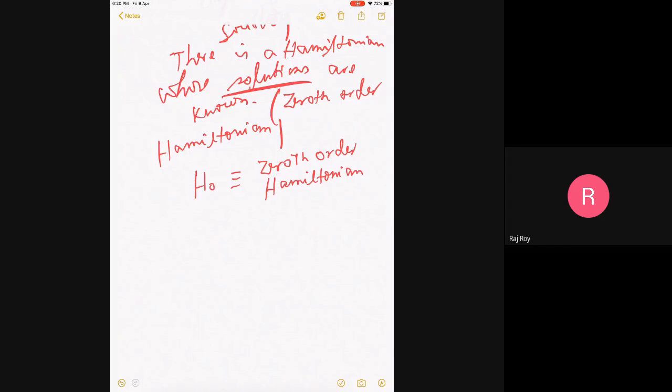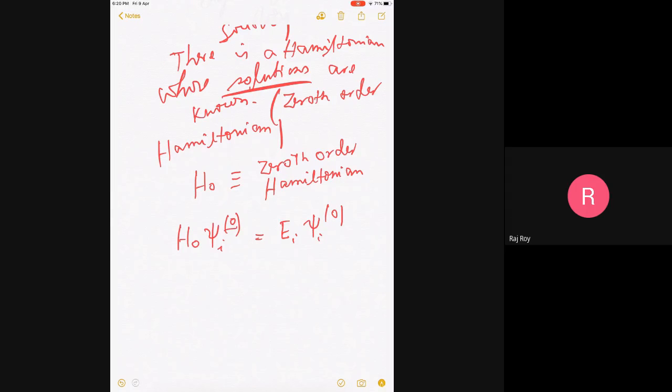So which means I already know the solutions of H naught, and let me call these some function psi I. So please look at the symbols very carefully. E_I psi_I^0. So I hope it's very clear.